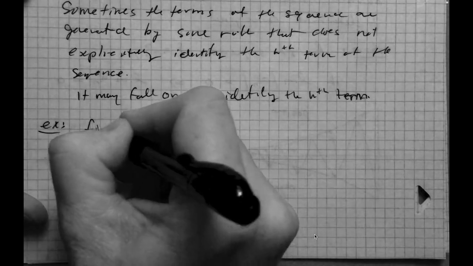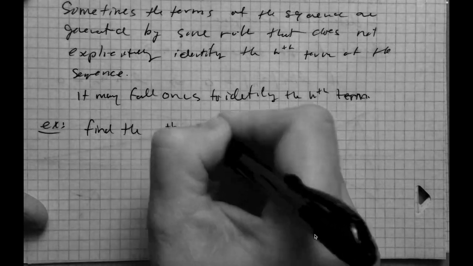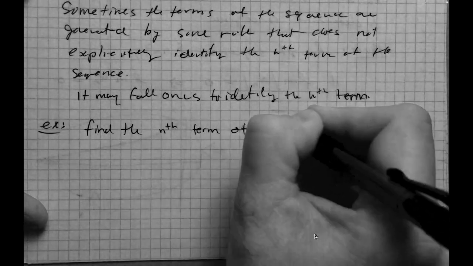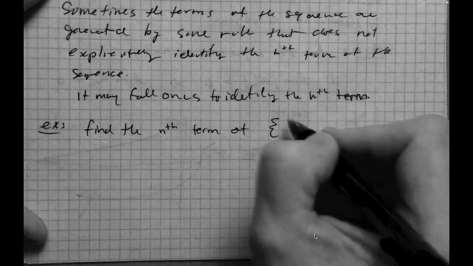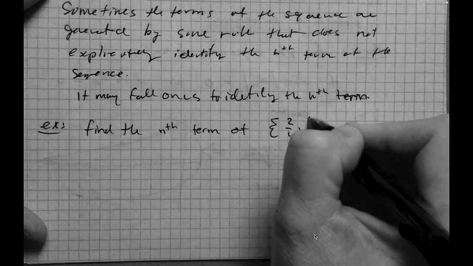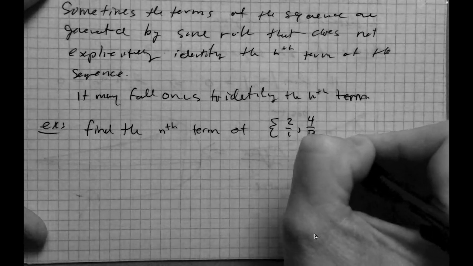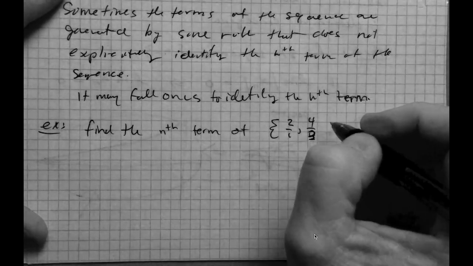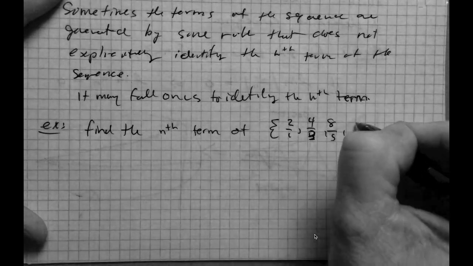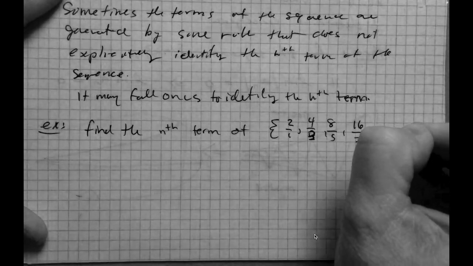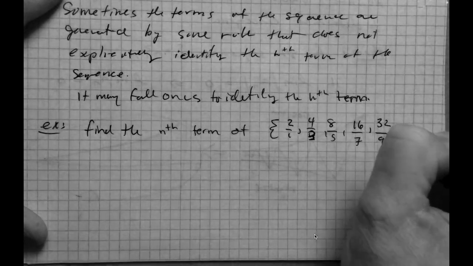So find the nth term of, now here's a bunch of terms in the sequence: 2 over 1, 4 over 3, 8 over 5, 16 over 7, 32 over 9, and so on, right?